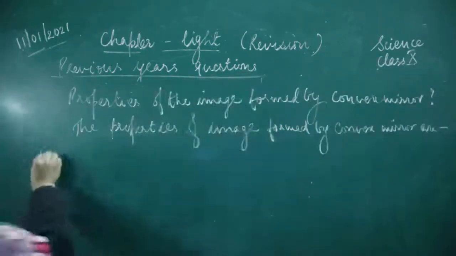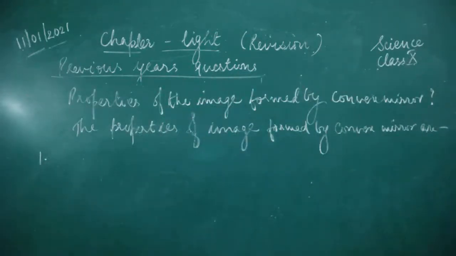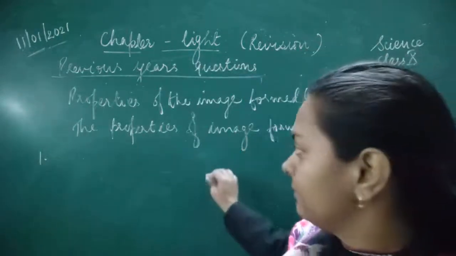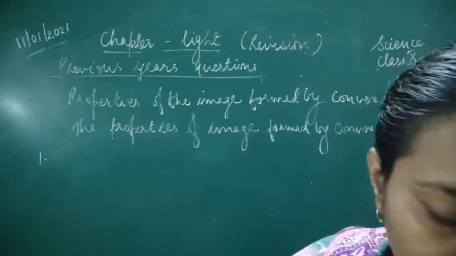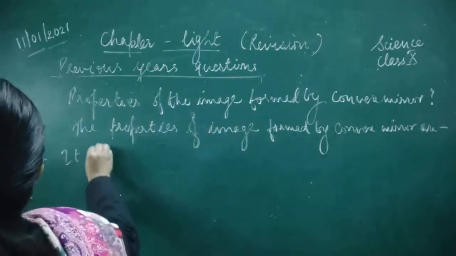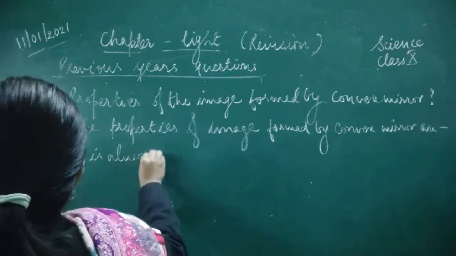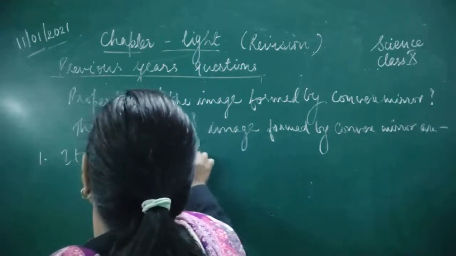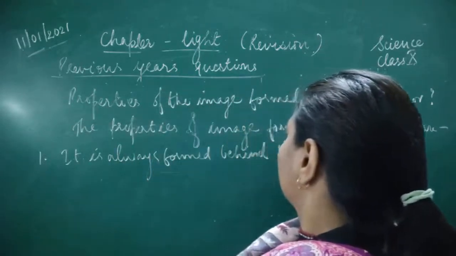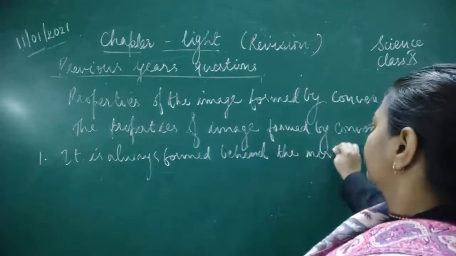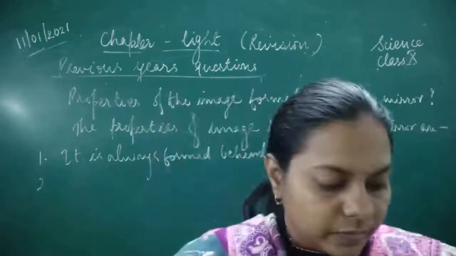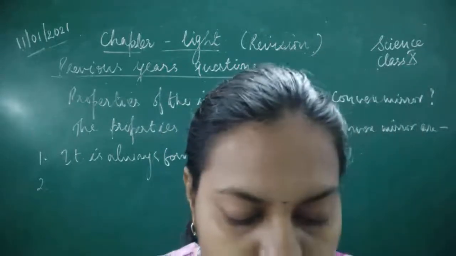Okay, the first point tells you that the image is always formed behind the mirror. Second, it is always virtual and erect.